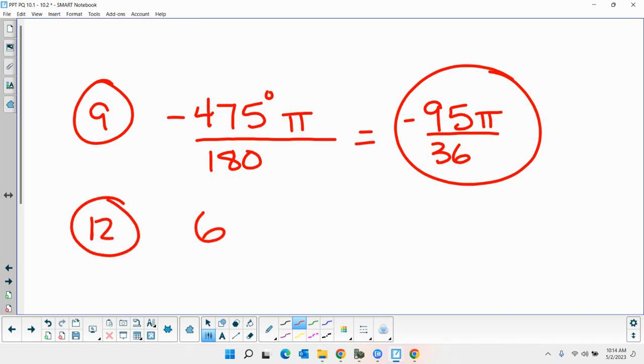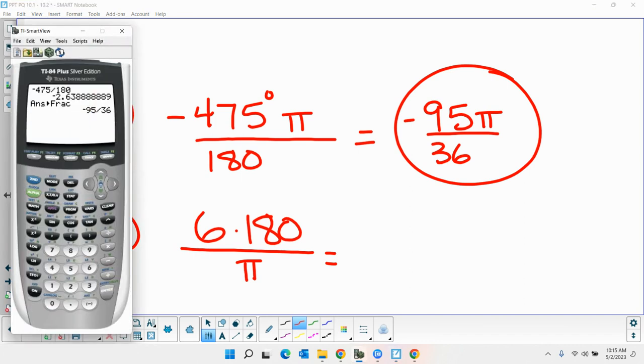It's just the number 6. There's no pi with it, but there's no degree symbol, right? So if there's no degree symbol, it's in radians. Okay? So we have to do times the 180 over pi on this. But there's no pi that cancels out. So you just do it in your calculator then.